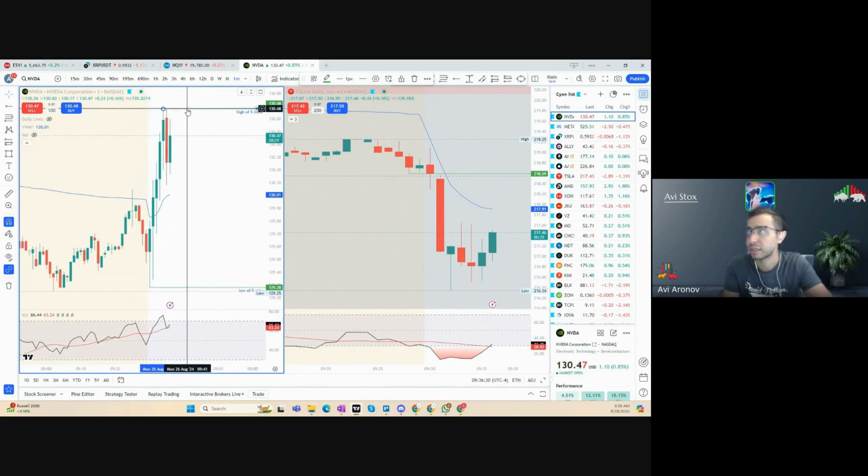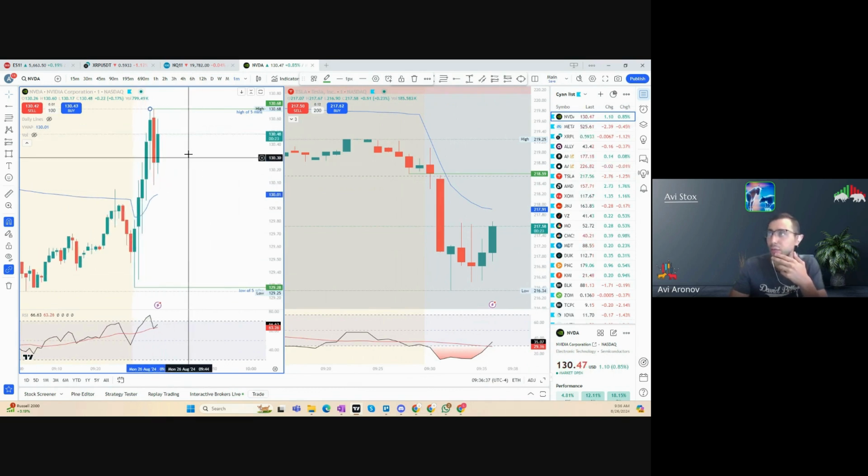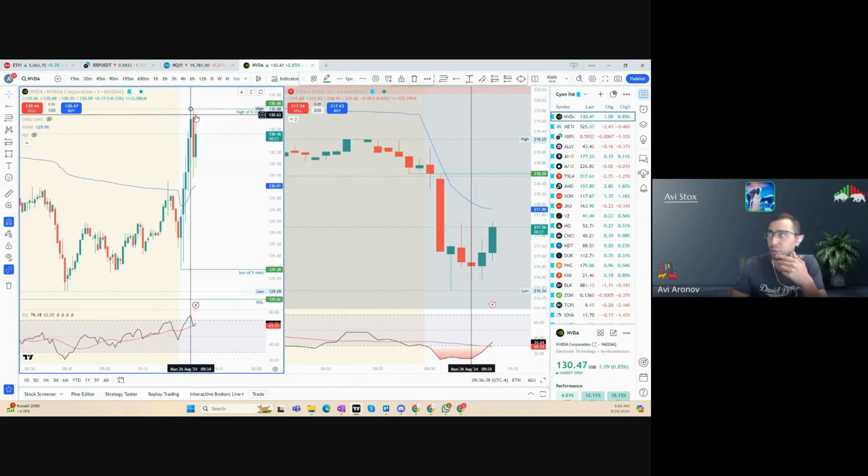And we can see a test or retest to that for a drop, let's say, to here with very, very tight risk to reward.